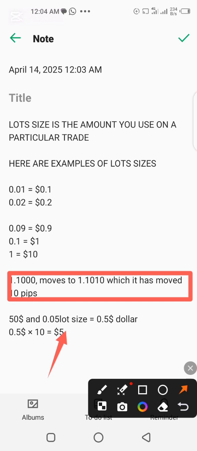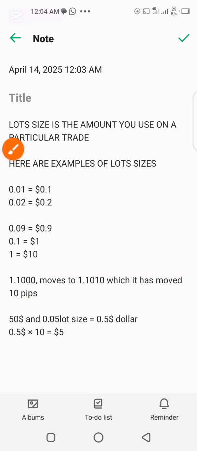So this is just an example of what lot size and pips is all about. So let's move over to our MT5 so you see how to navigate through the MT5.